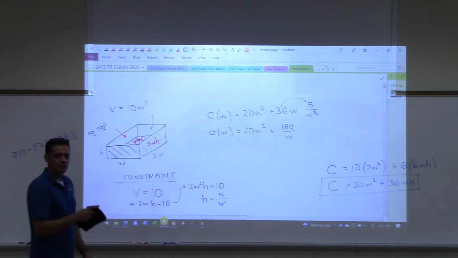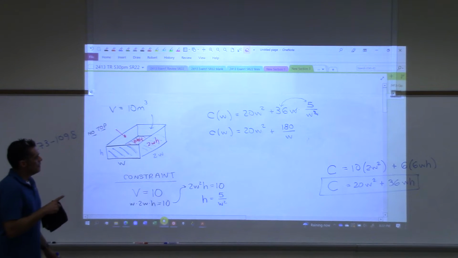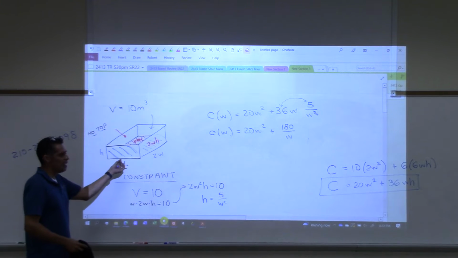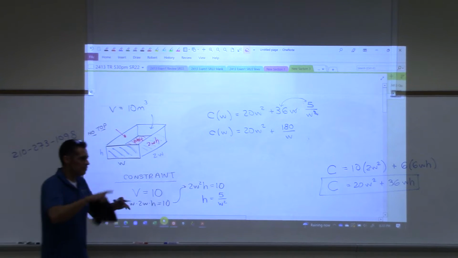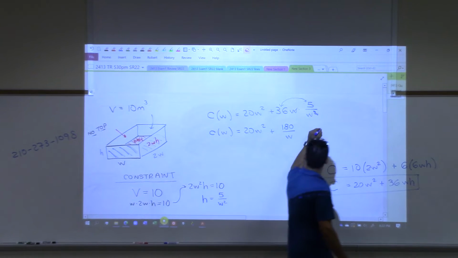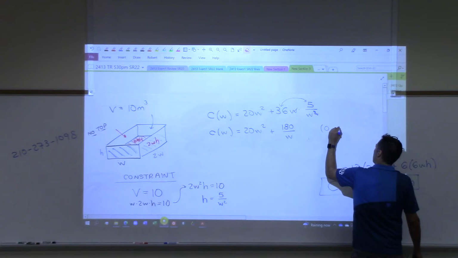Okay. You ready? That is our objective function, the single variable domain. So think about W. It can't be 0, right? And it can be as big as we want. It could be a really wide box, or very narrow. So 0 to infinity is our domain.